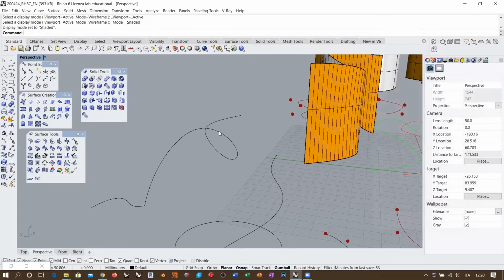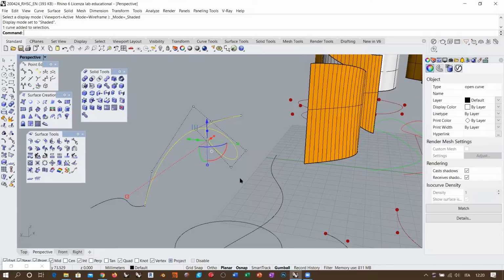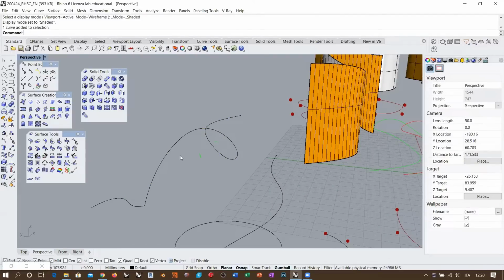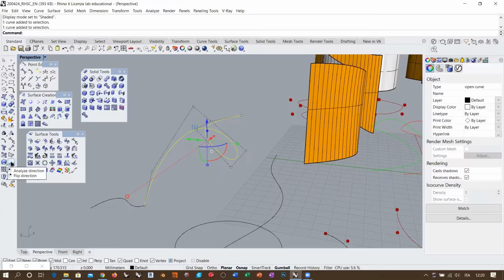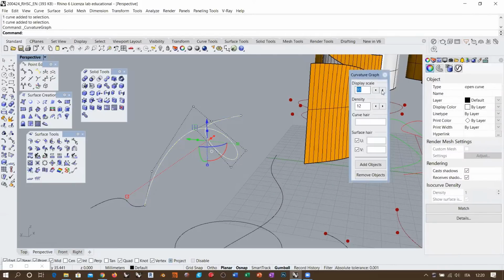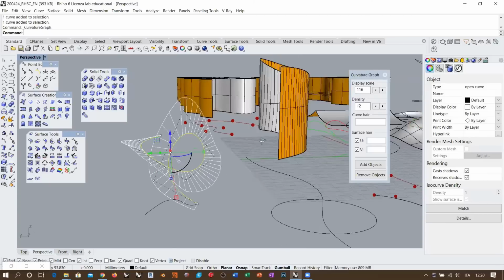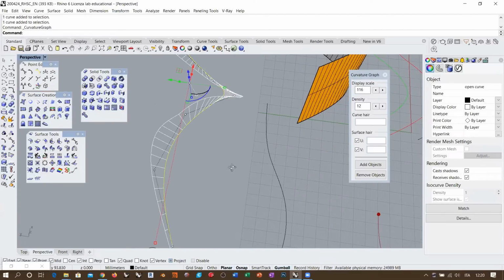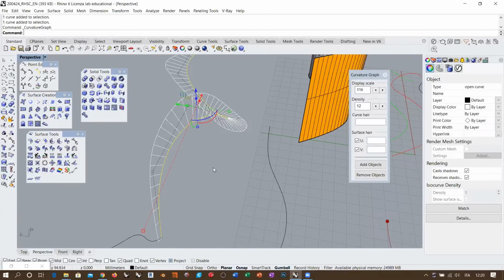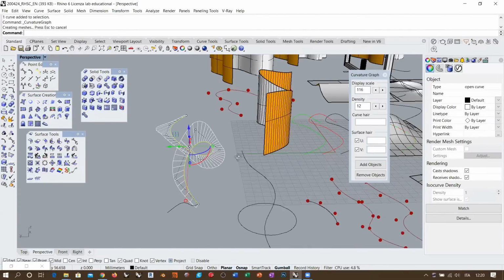Now, this is something that in Rhino is simply invisible, and there is no possibility to see it unless you perform, once again, a curvature graph analysis, and you get this curvature graph that we are going to display, okay? You see that the curvature is actually creating some kind of spiraling along this line, right?